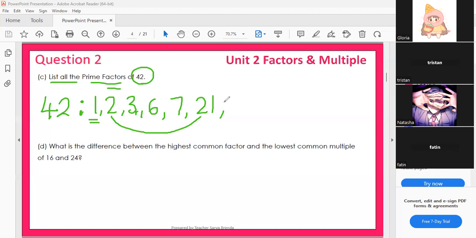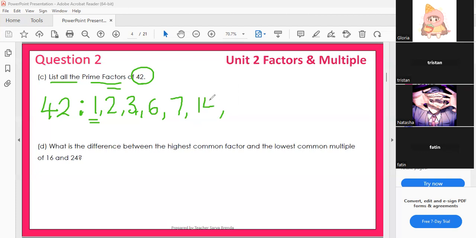There's one more number missing here. What number is it? 14. Thank you so much. That's right. 14, because that would be pairing up with 3. Every factor actually has a pair.